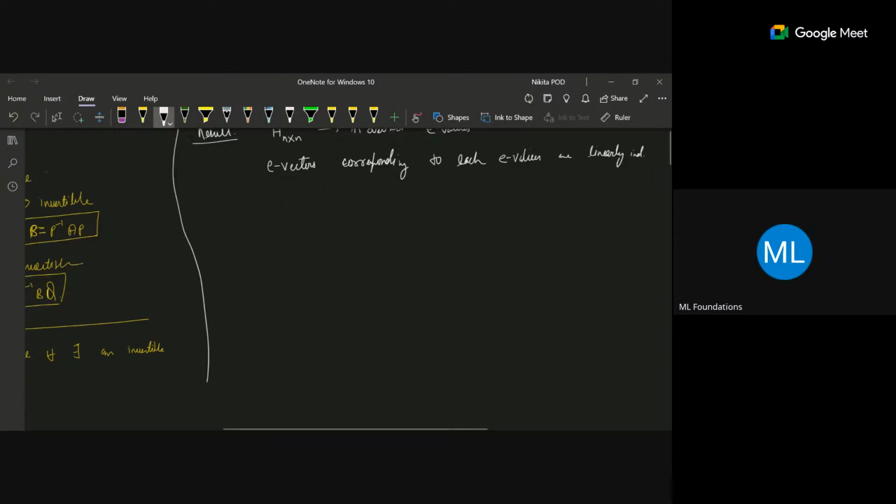Okay, so another question. If you have a matrix A which is 1 4 2 3, you have to check whether it is diagonalizable.